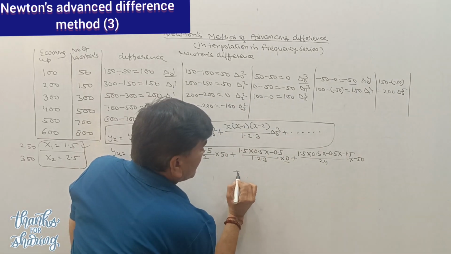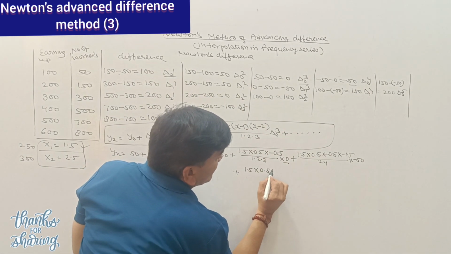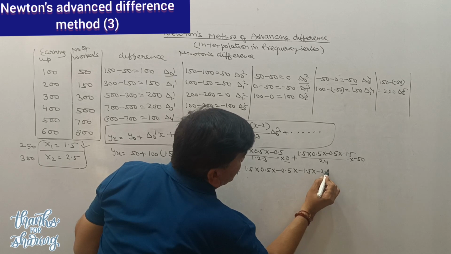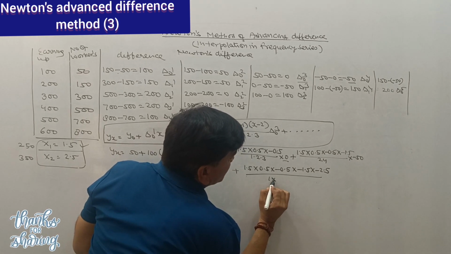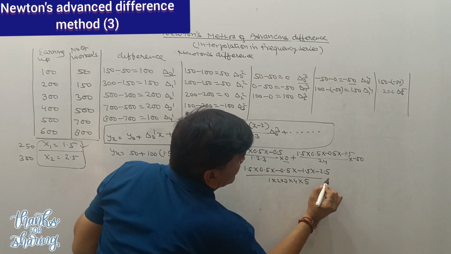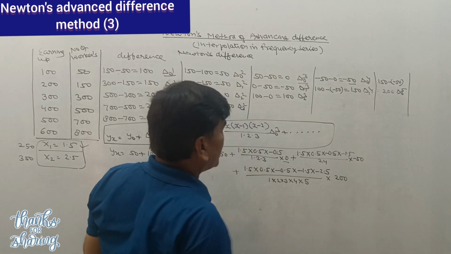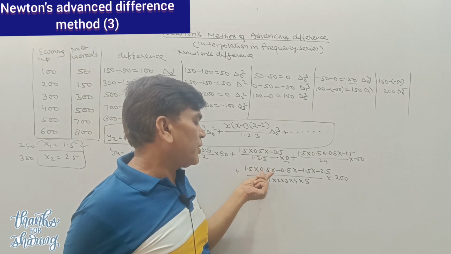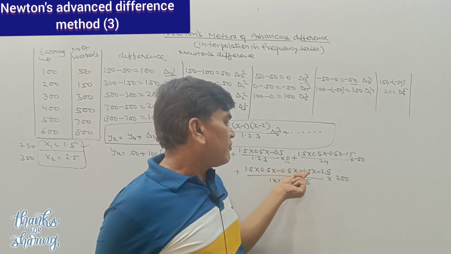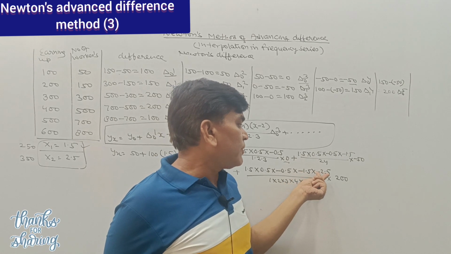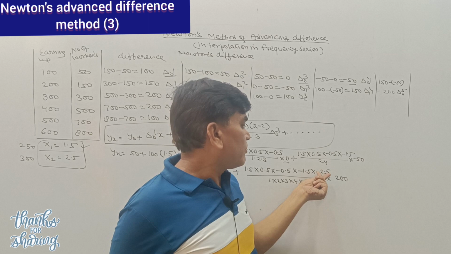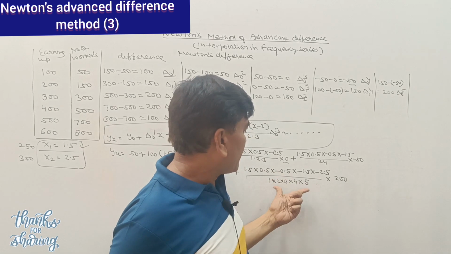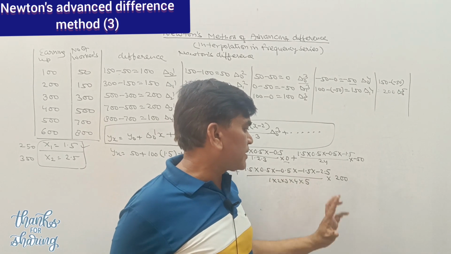And the last one: 1.5, 0.5, minus 0.5, minus 1.5, minus 2.5, five items, divided by 1 multiply 2 multiply 3 multiply 4 multiply 5, multiply by 200.